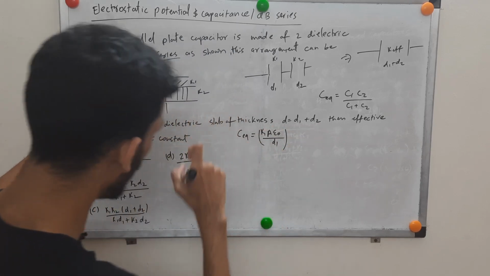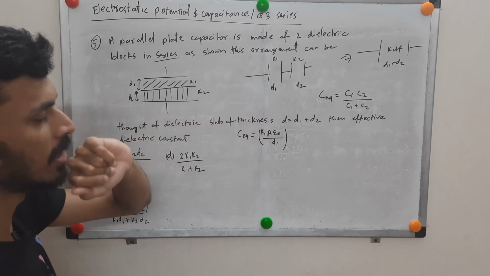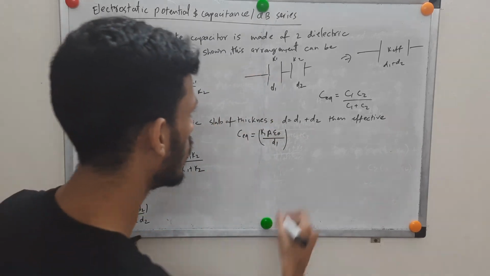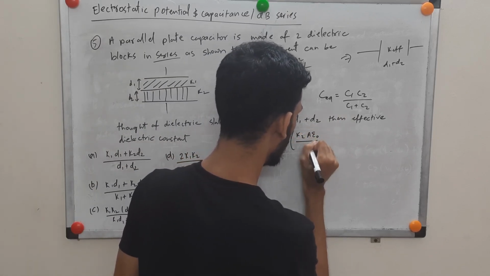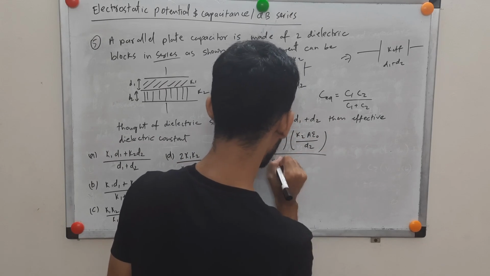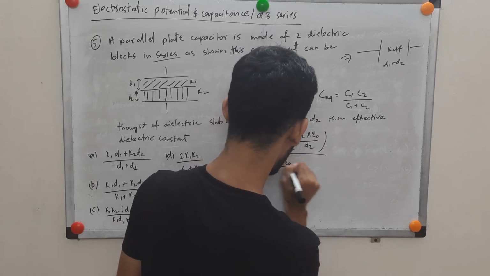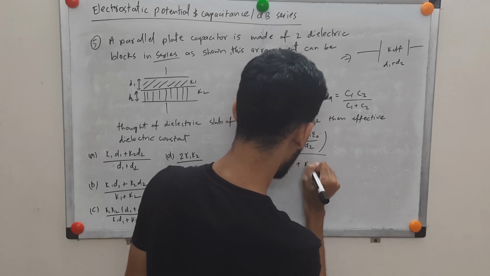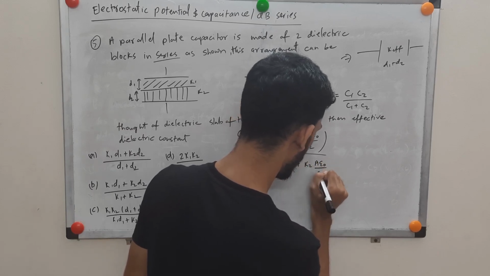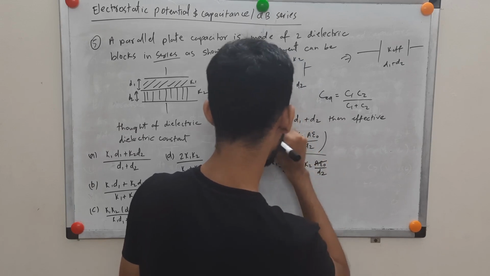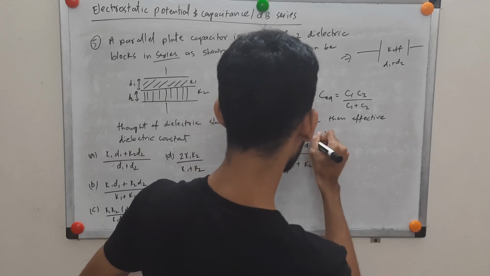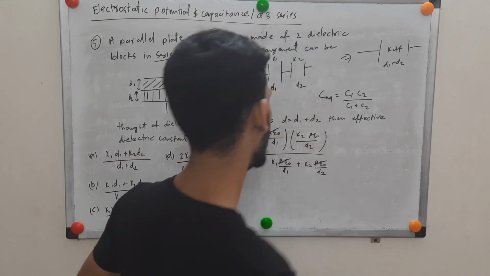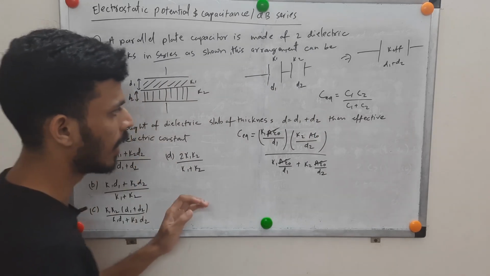Whenever there is a dielectric, the capacitance gets multiplied by the dielectric constant. So C2 is K2 A epsilon naught by D2. Similarly you'll have their sum, K1 A epsilon naught by D1 plus K2 A epsilon naught by D2. This A epsilon naught is common everywhere, so you can cancel it.